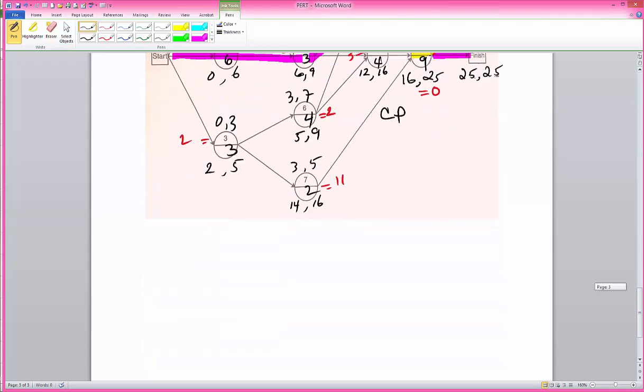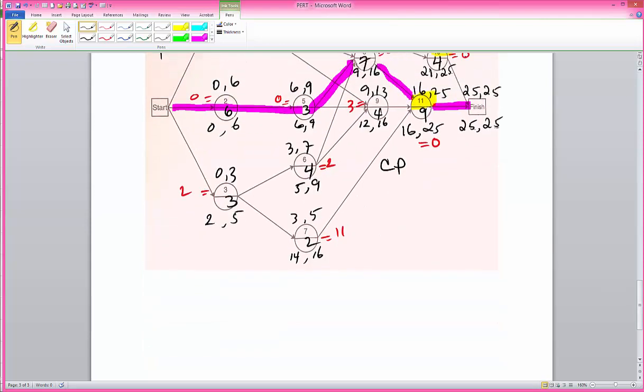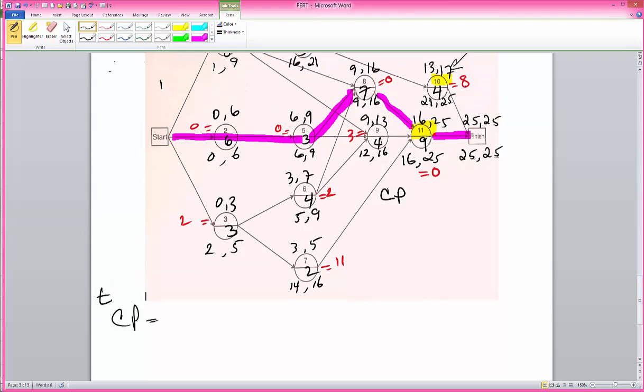Notice that the critical path is comprised of activities 2, 5, 8, and 11. Adding those times up for those activities, I get 6 plus 3 plus 7 plus 9, which gives me 25.